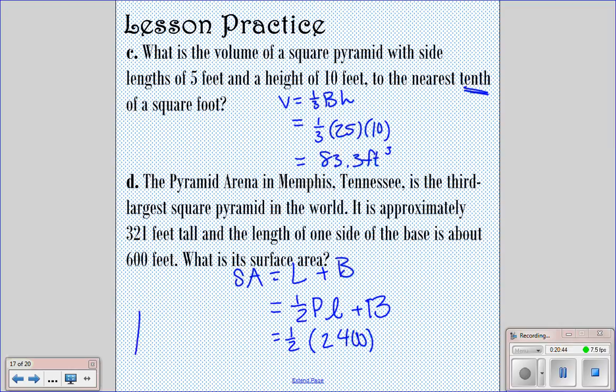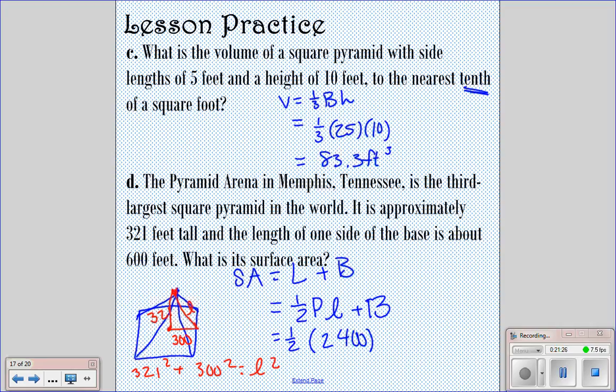So we have a square for the base, and then we draw our pyramid. And we know that from the center up is 321. From the center to the side is going to be half of 600, so 300. And then we're looking for this slant height here. And so you're going to use Pythagorean theorem in order to find that. So you're going to have 321 squared plus 300 squared equals L squared.